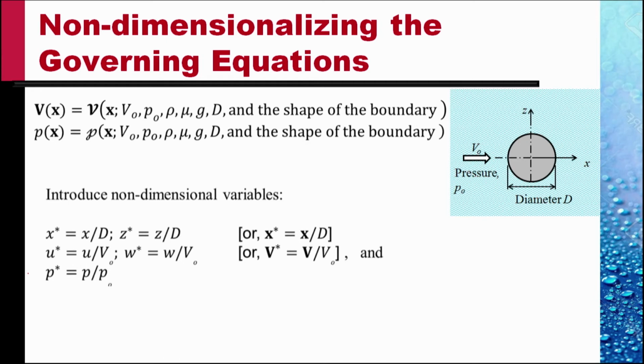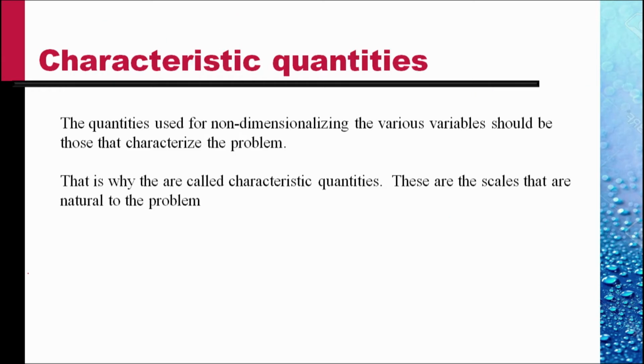Similarly, pressure we could non-dimensionalize by using atmospheric pressure as the characterizing pressure. So p by p naught. The quantities used for non-dimensionalizing the various variables should be those that characterize the problem. That's why these are called characteristic quantities. These are the scales that are natural to the problem as elaborated earlier.